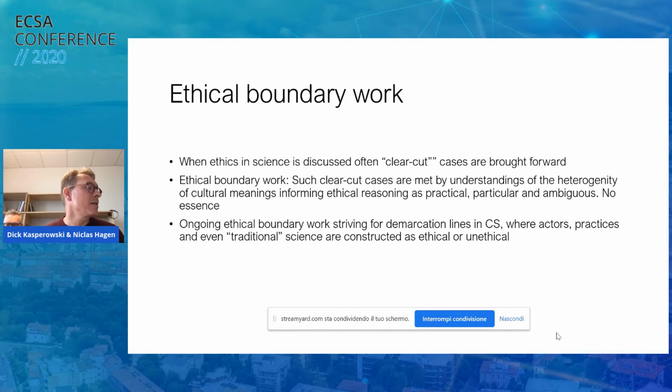There is no essence here. Applying this to citizen science, we mean that ongoing ethical boundary work within citizen science is striving for demarcation lines where actors, practices, and even traditional science are constructed as ethical and unethical. Next slide, please.